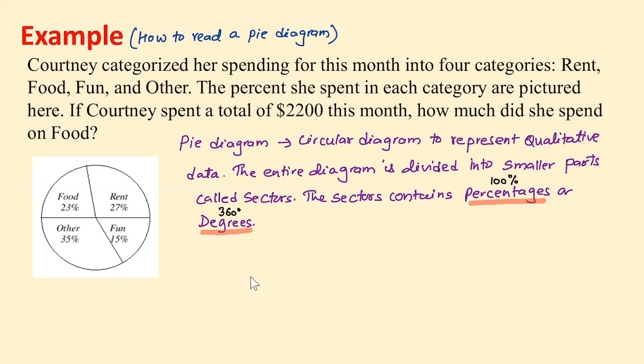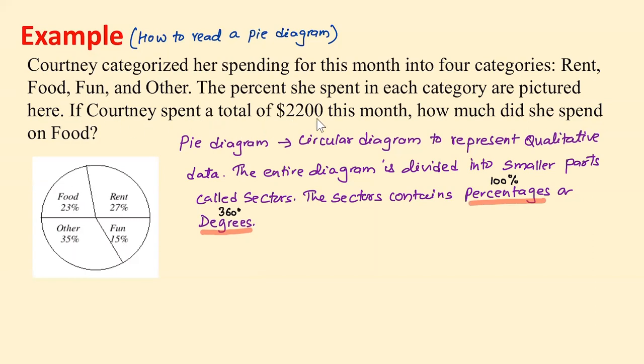Now let's try to answer this question. Courtney categorized her spending for this month into 4 categories: rent, food, fun, and other. The percentage she spent in each category is pictured here. That is rent 27%, food 23%, fun 15%, and other 35%.